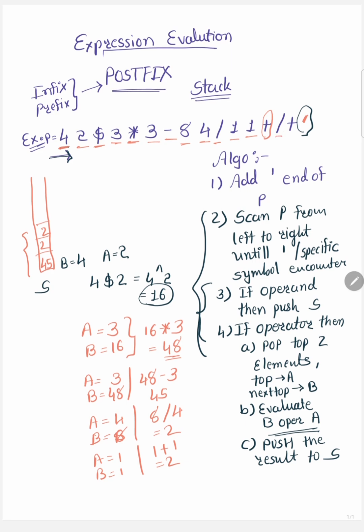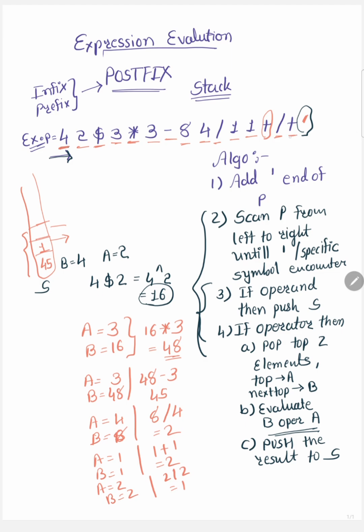Next is slash, right? So again the top two elements, right? So A is equal to 2, B is equal to 2, right? And divide, so 2 divided by 2, so I'm getting 1, and I'm pushing it over here, right?